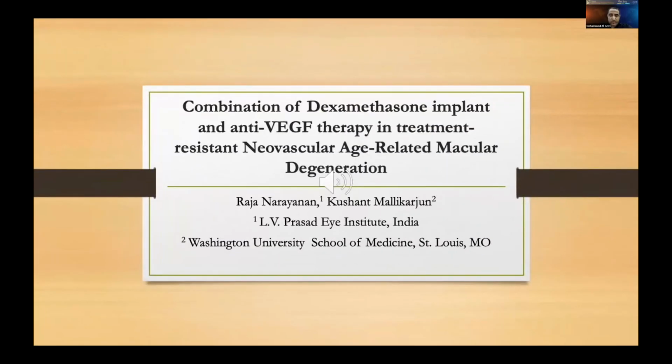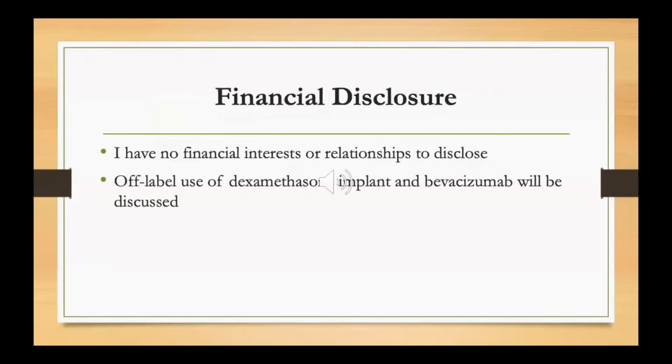At the outset, I would like to thank you for giving us the opportunity to present our work on combination of dexamethasone implant and anti-VEGF therapy in treatment-resistant neovascular age-related macular degeneration. I have no financial interests or relationships to disclose.